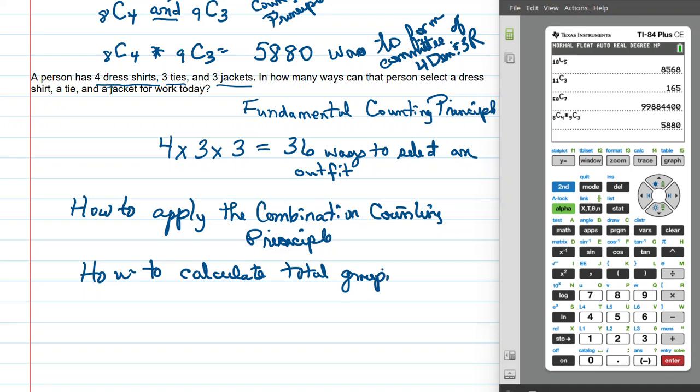And we know that the entry or the construction would be N, count of how many elements in that one set, choose, and then R, and R being the size of the grouping.